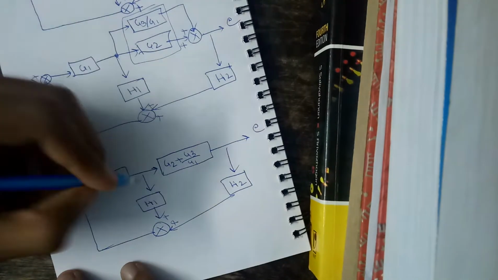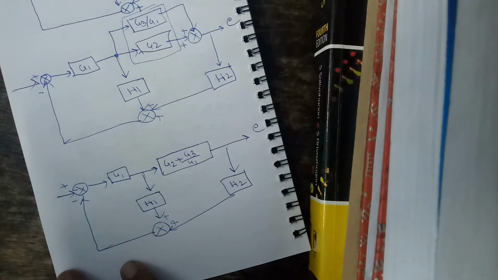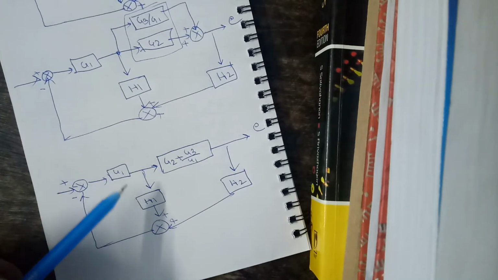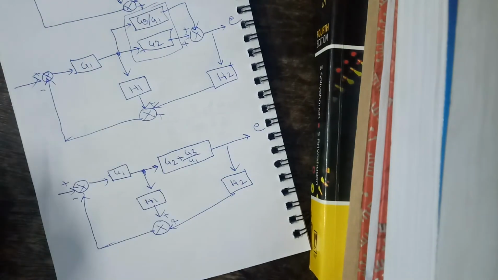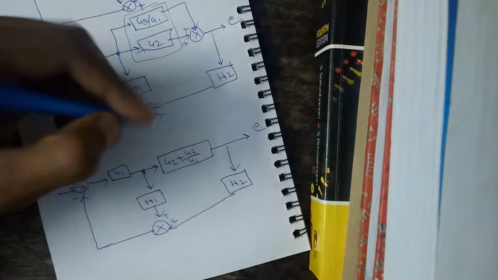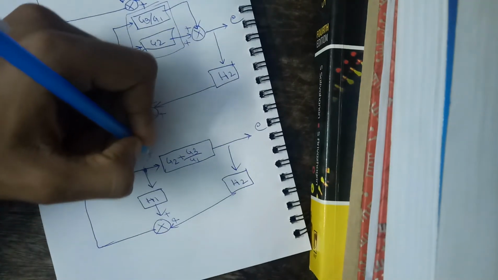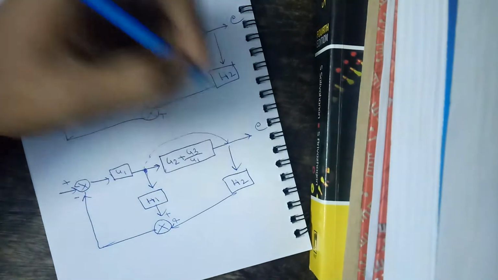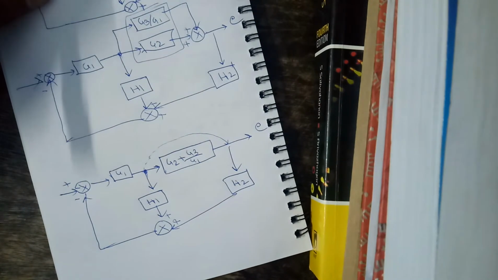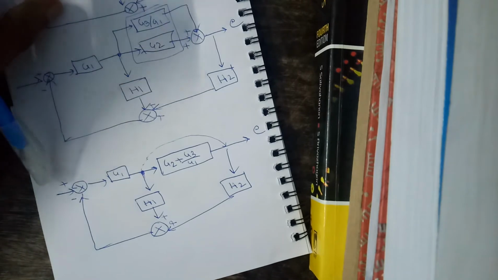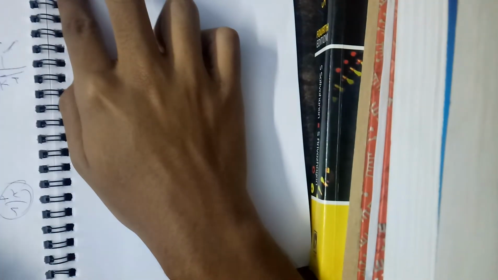So the next thing that we do here is that we can move this takeoff point beyond this block. If I move a takeoff point beyond the block, we just know how it works: it would be just divided by the block gain. So let us do it this way, and I'll show you how I did it.